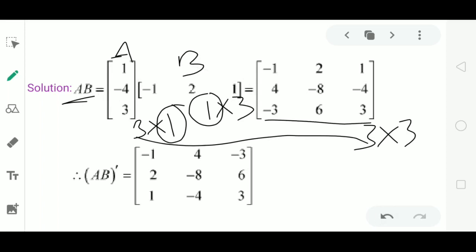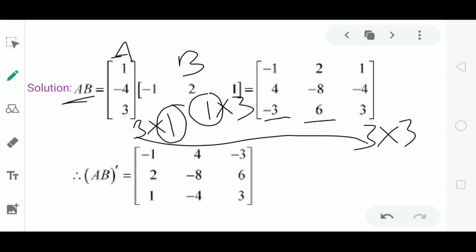Next, for the third row, we consider third row of A and multiply this third row with each of the columns of B. For the first element of third row of AB, that is element lying in third row, first column, we consider third row of A and first column of B. 3 into minus 1 is minus 3.